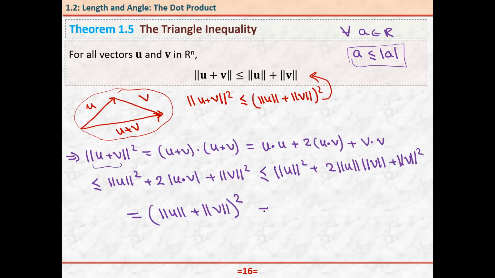If you remove the squares, the norm of U plus V is less than or equal to the norm of U plus the norm of V. That is a proof of the triangle inequality.